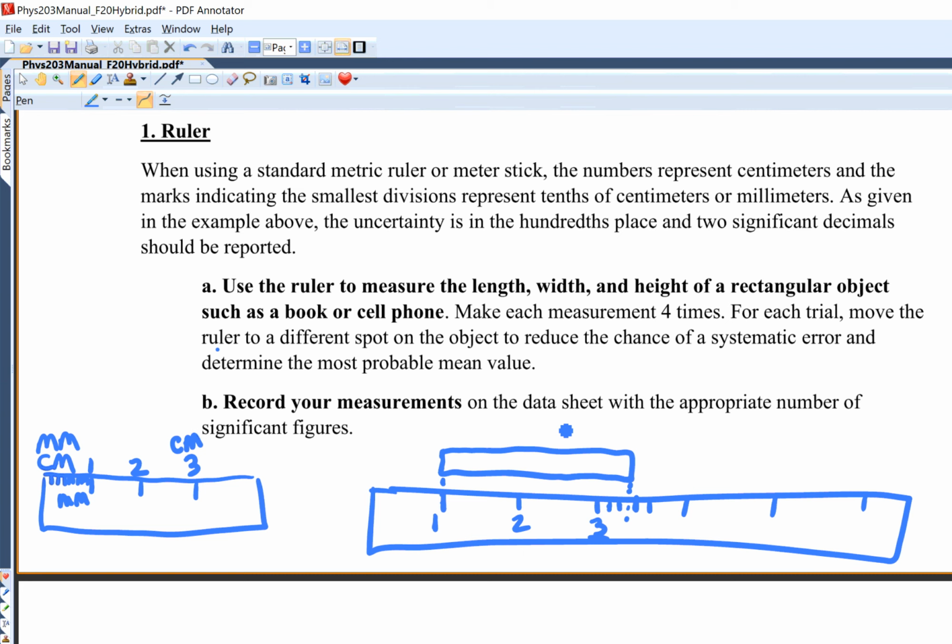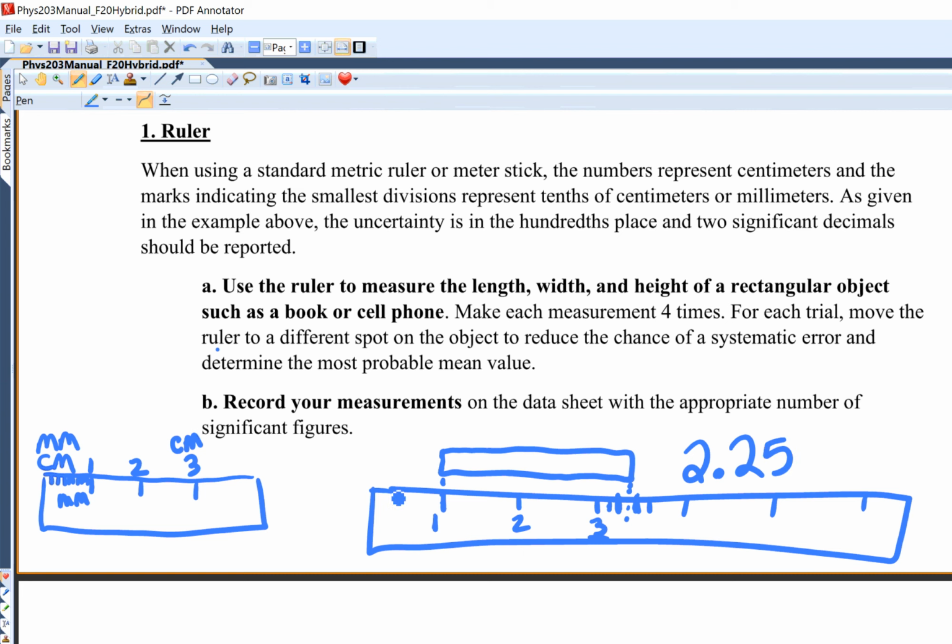So is the length of my object 3.2 something centimeters? No, because I started over here at 1, so it's going to be 2.2. And I get that because I'm right here. I started here and in there, and I'm in between. And since I'm in between those two tick marks, it's going to be 2.25.